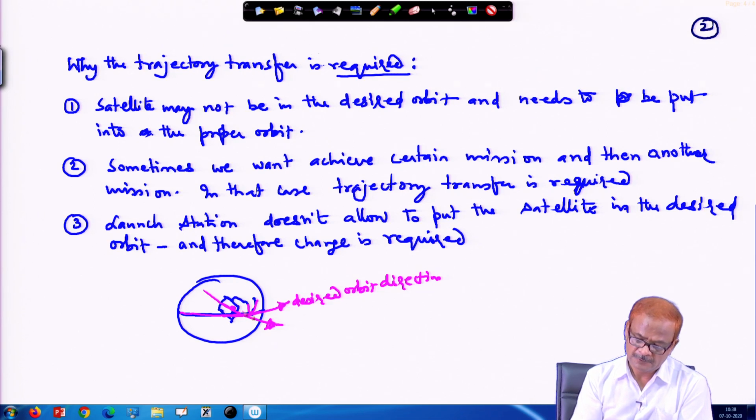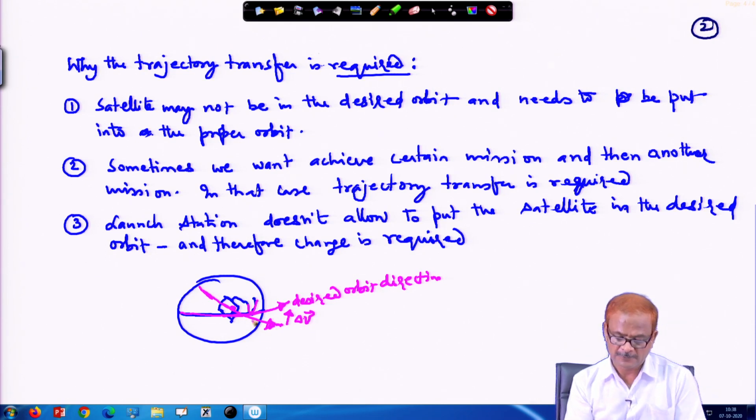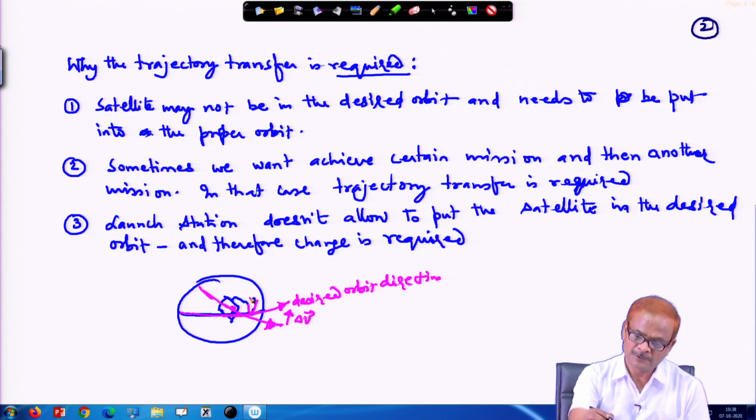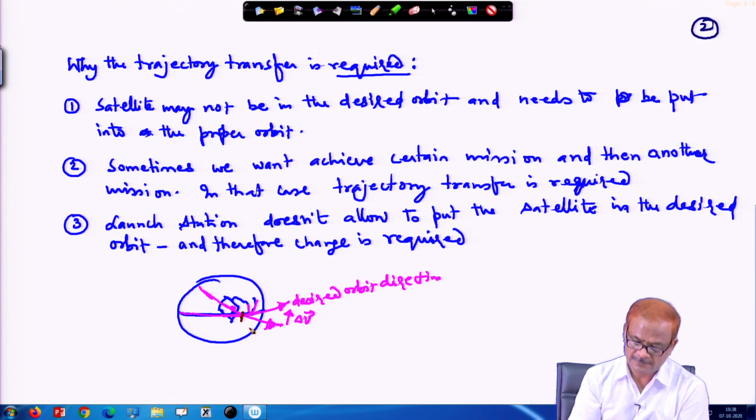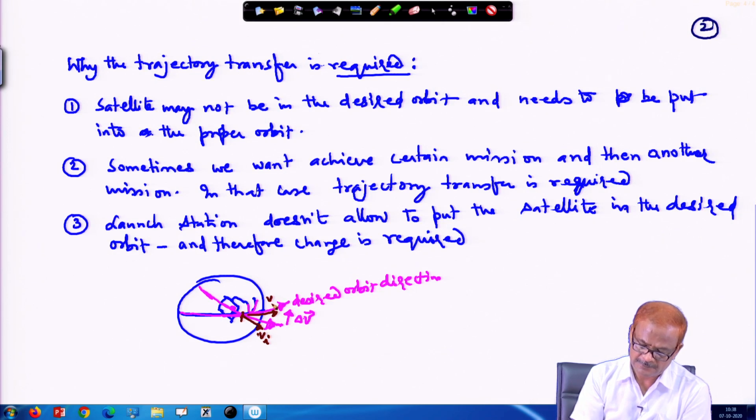and therefore, to bring it from this orbit to this orbit, we require some extra impulse to be given. So if you give extra impulse here at this point, okay. So here the initial velocity is given in this direction, this is V_i and this is V_f. So this is delta V equal to V_f minus V_i, this is the impulse required.